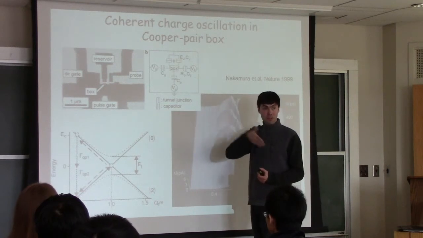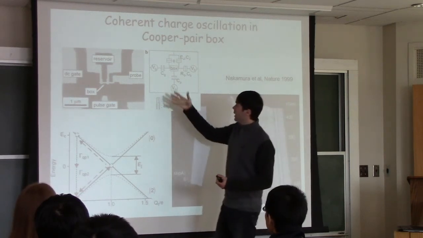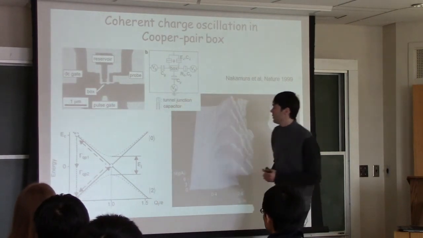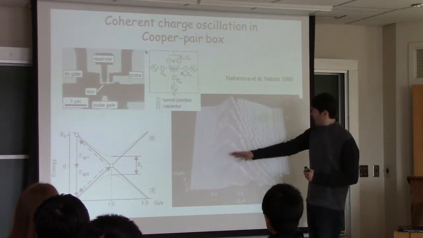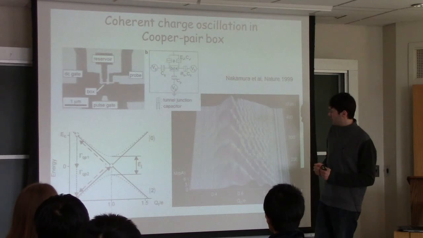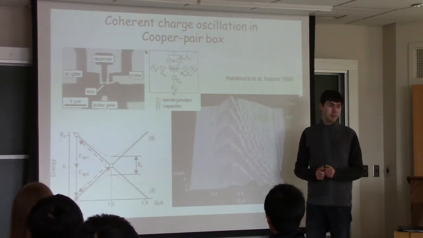So similar to the previous procedure I described to you, but now with charges. The diagram is, once again, aluminum technology with shadows, and this graph shows coherent oscillations in color scale of charge on and off the island.